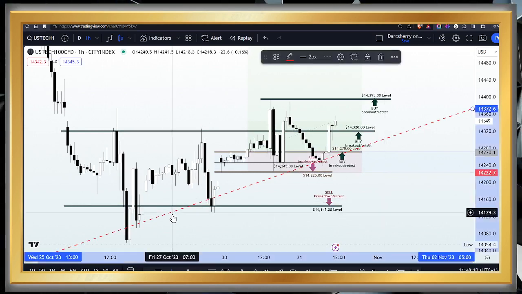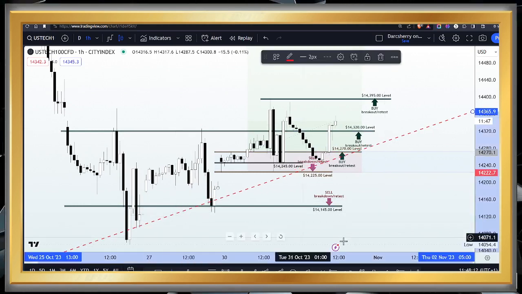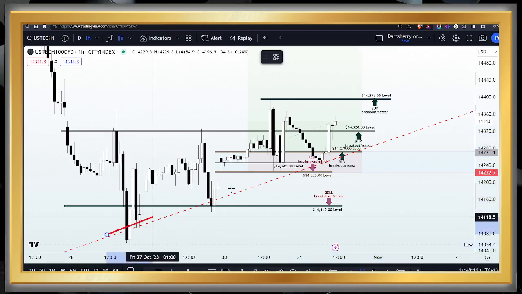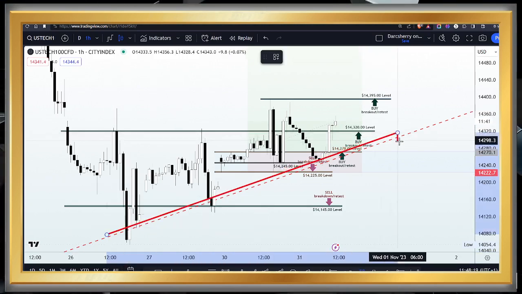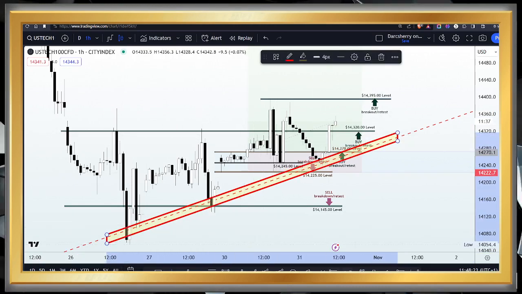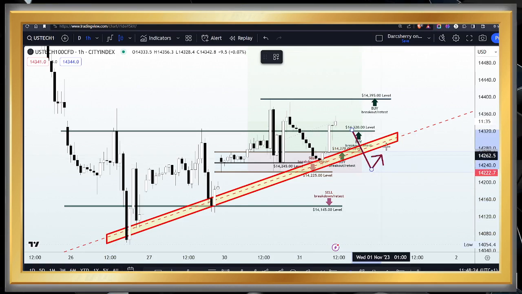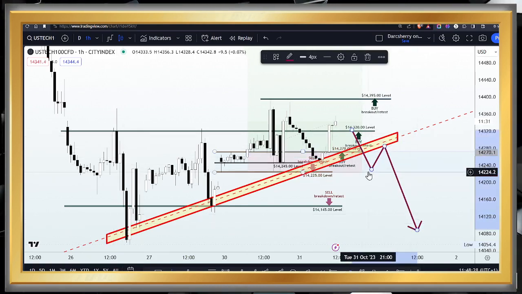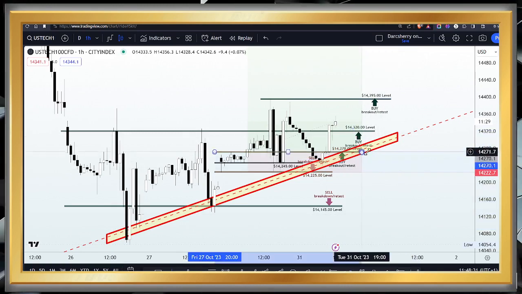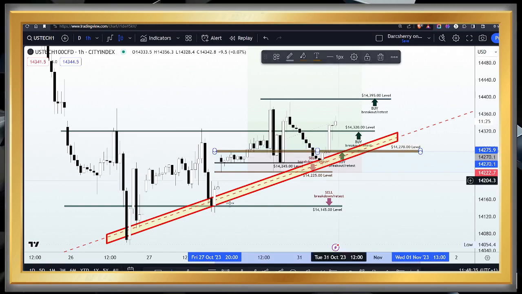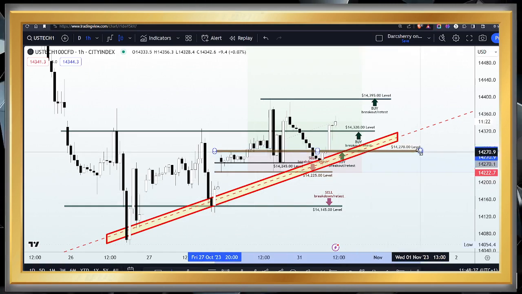Well, if you ask me, considering the fact that we have an ascending trend line already marked out on our chart, we will need price to breach this ascending trend line, that is, break down the structure to the downside to incite an opportunity to sell. And one interesting thing about this structure is how the 14,270 level shares a beautiful confluence with that ascending trend line.